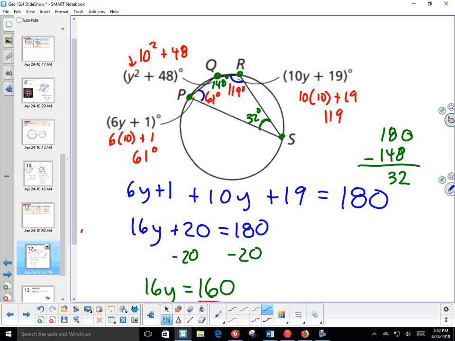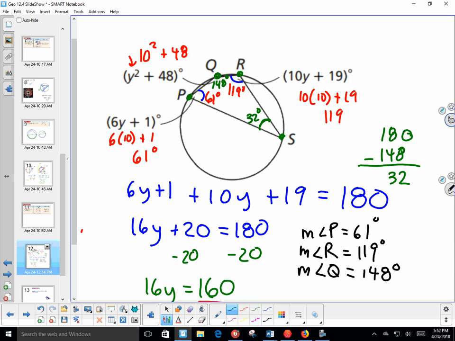So for my answer, I would say measure of angle P equals 61, measure of angle R equals 119 degrees. That's supposed to be an R. Wow, let's try that again. Measure of angle R equals 119. Measure of angle Q equals 148. And the measure of angle S equals 32 degrees.